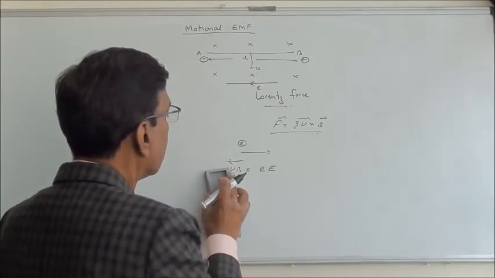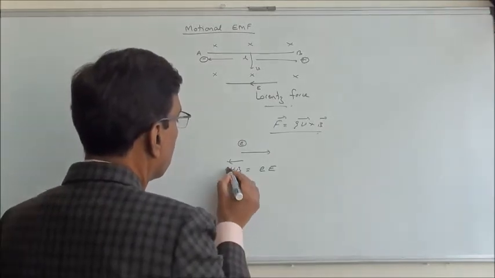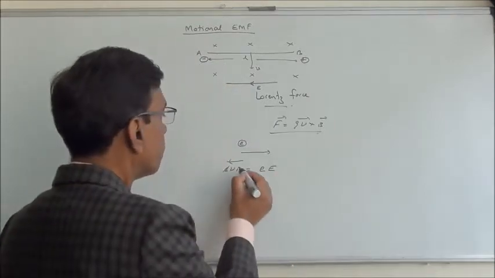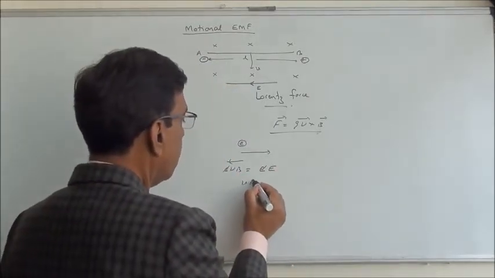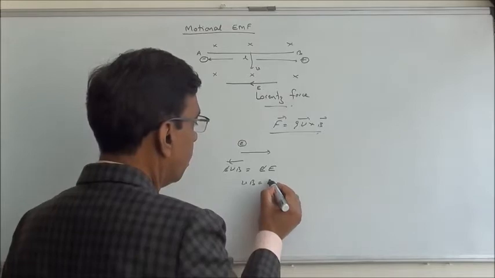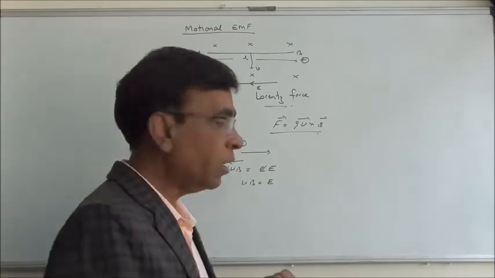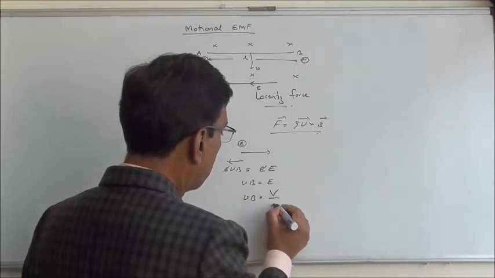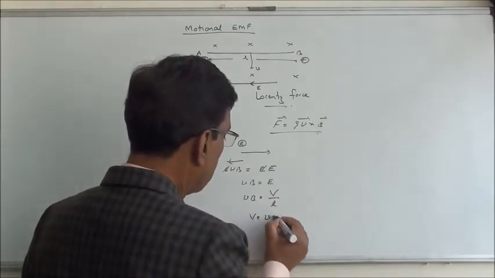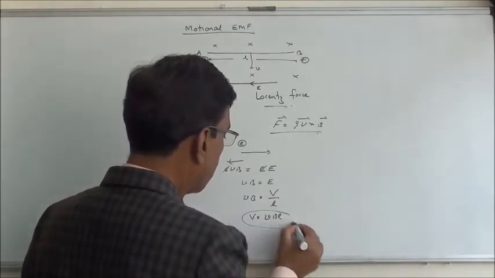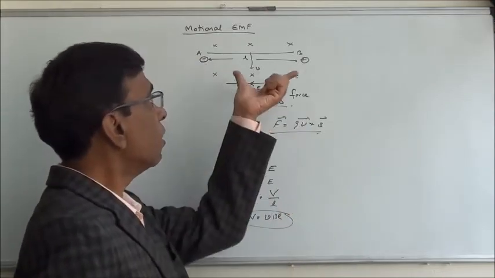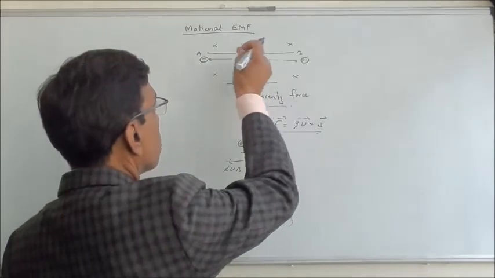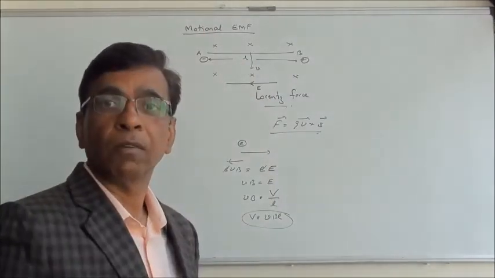Here also I can write e, the charge on electron. So vB is E. We can write electric field in terms of potential also, V upon L, so V is vBL. So this is the potential difference developed between A and B, with B as positive and A as negative.